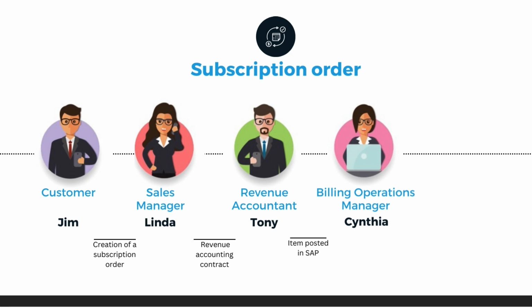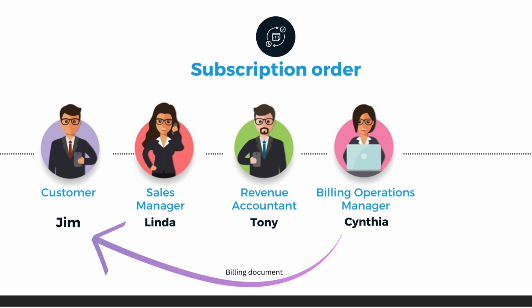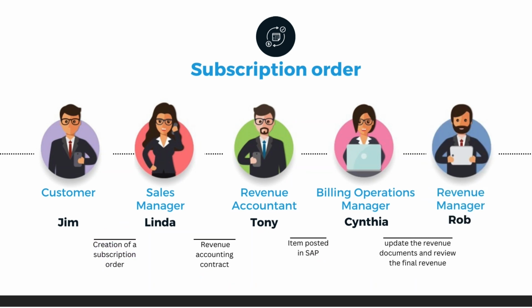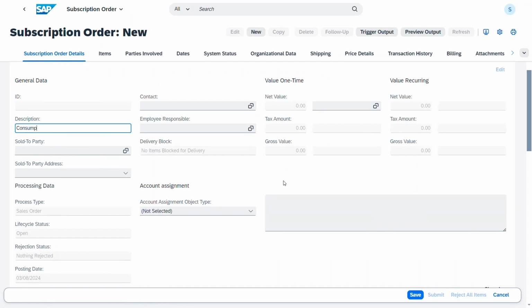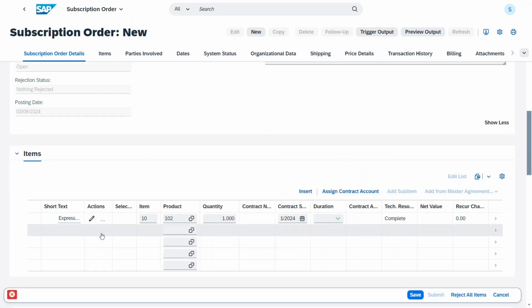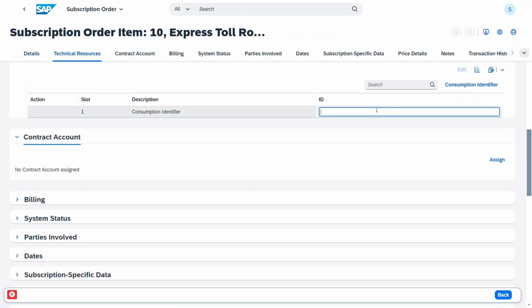Once consumption charges are captured, the billing manager can also create a billing document that gets sent to the customer. This will update the revenue documents, and final revenue will be viewed by the revenue manager. In this demo, you will see a simple scenario for consumption charges. We have seen multiple types of consumption scenarios used by many customers using SAP BRIM.